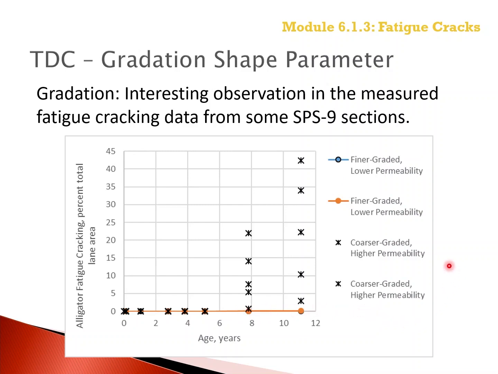This is for one site or a couple of sites as an example. So gradation, whether coarse or fine graded, through the aggregate shape factor definitely has an impact on the amount of top-down cracking predicted for a specific asphalt mixture.